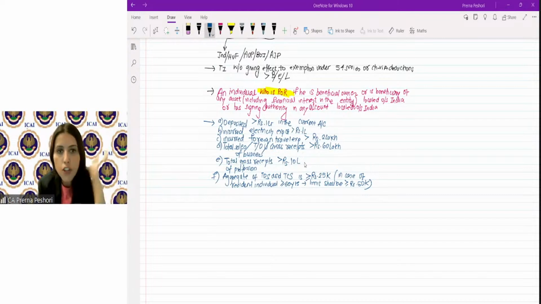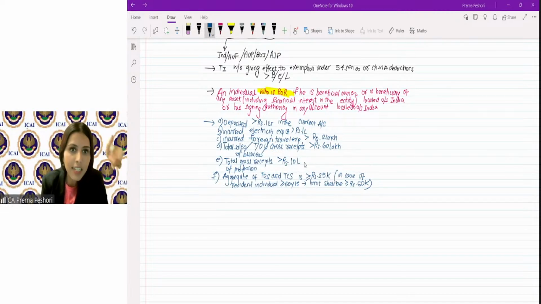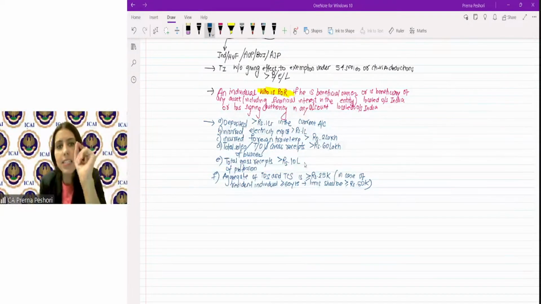Every year you need to check whether my total income, without giving effect to Section 54 series and Chapter 6A deductions, exceeds the basic exemption limit. If the answer is yes, only then you are required to file the return of income. Otherwise, you check the two other conditions.